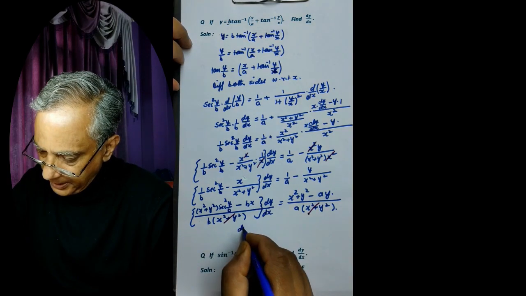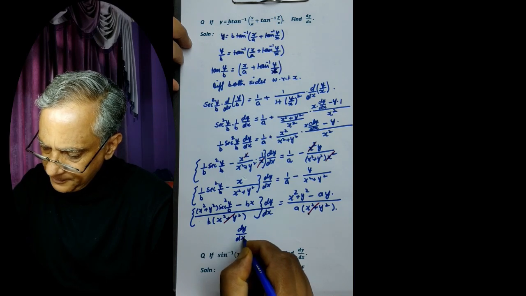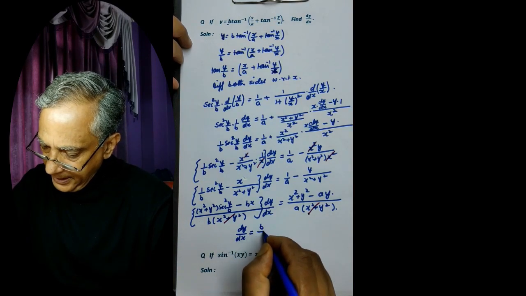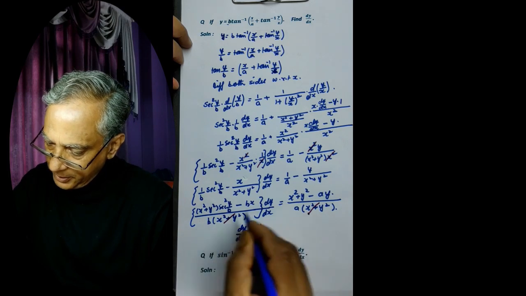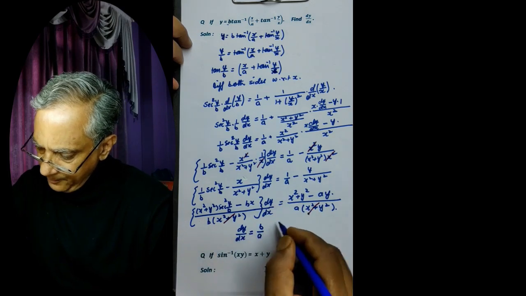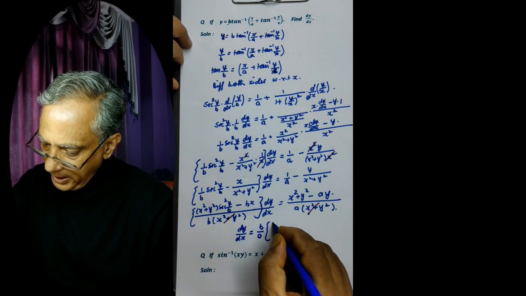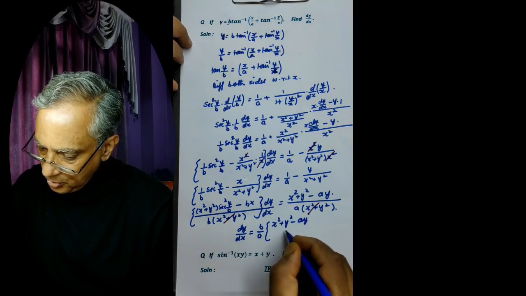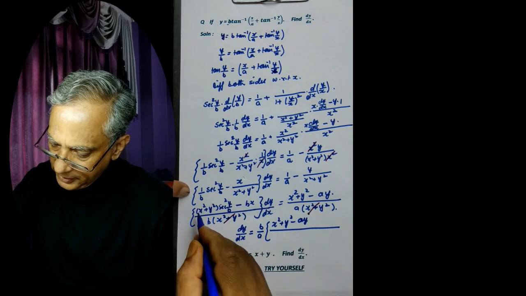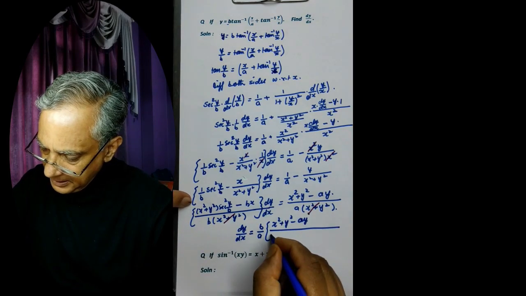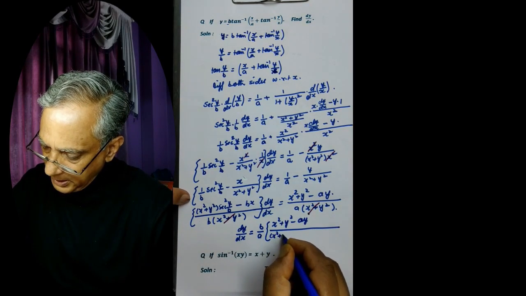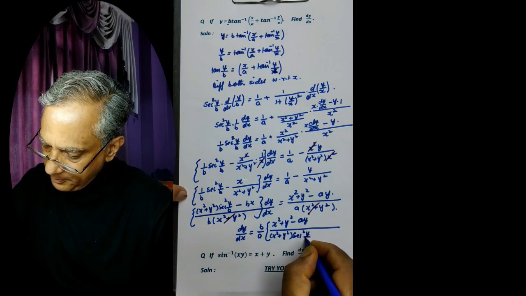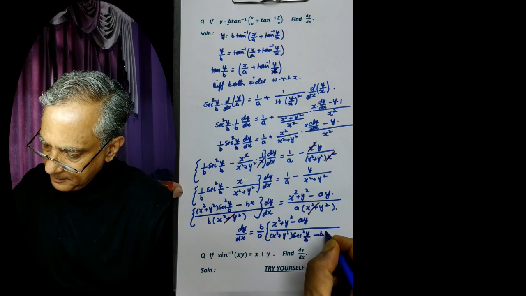So dy by dx is equal to b by a, I am taking this b to the other side. So b by a whole into x square plus y square minus ay whole divided by this term, that is x square plus y square into secant square y by b minus bx.